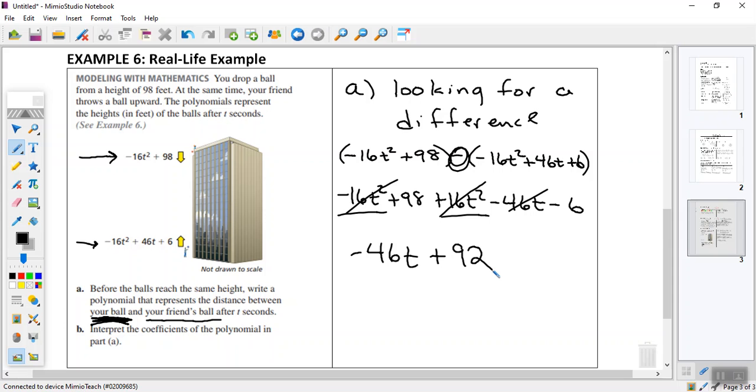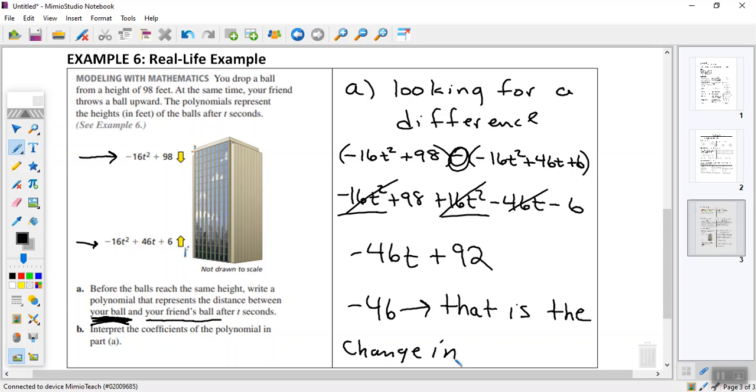Okay, so when I interpret this, negative 46 represents the change in, oh, how is this measured? 98 is measured in feet, right?